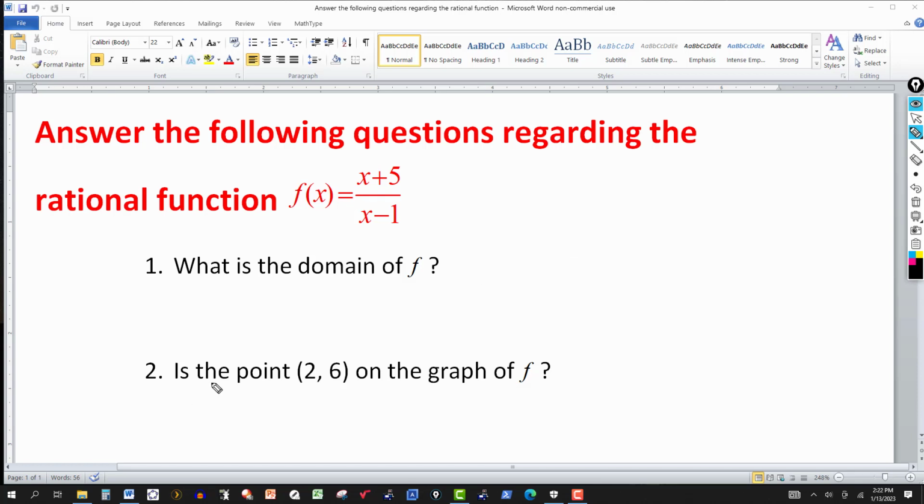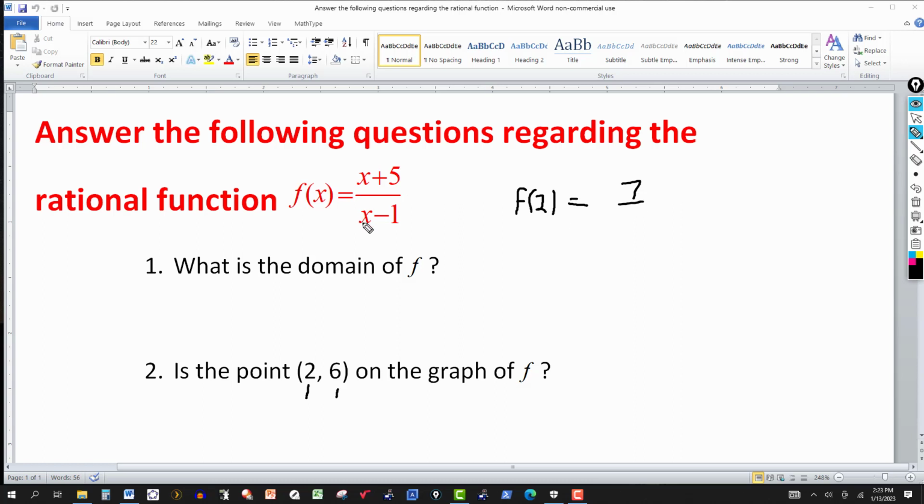Problem number 2: is the point (2, 6) on the graph of f? So this is saying, is it true that when x is 2, y is 6? Let's evaluate the function at 2. Put a 2 where the x is. 2 plus 5 is 7 in the numerator.